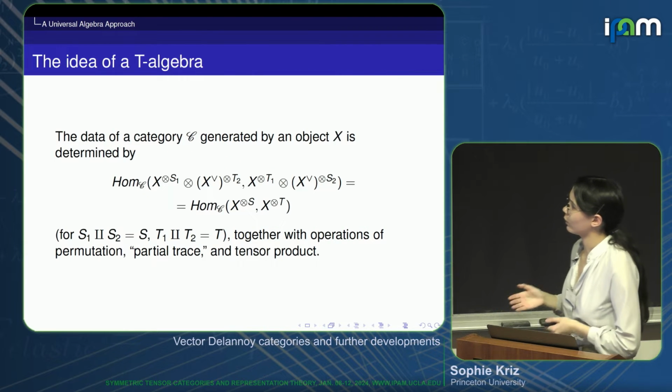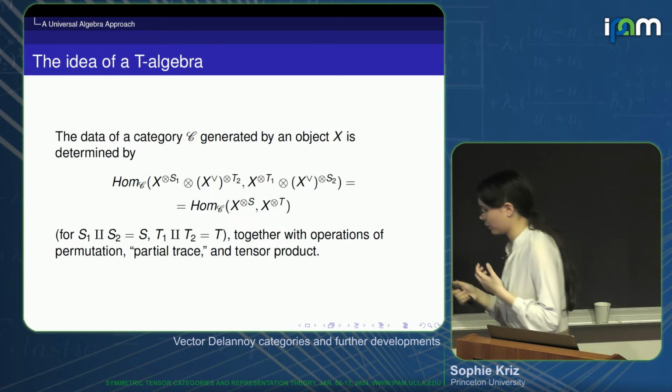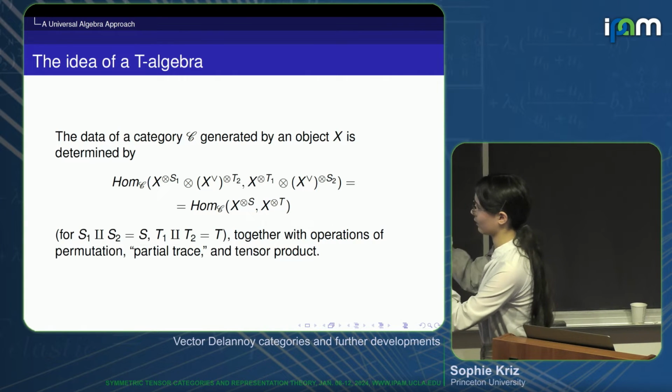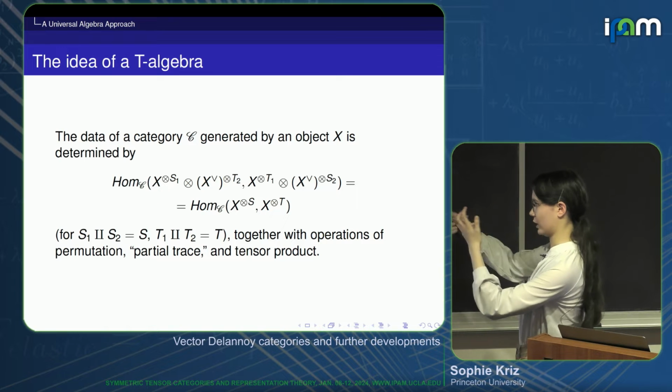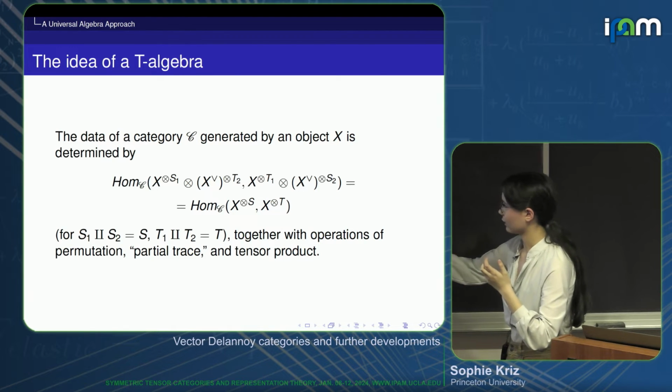But let me first describe what I mean by a T-algebra. It's a very basic way of capturing the data of a category generated by an object X by looking at these Hom spaces, these vector spaces.